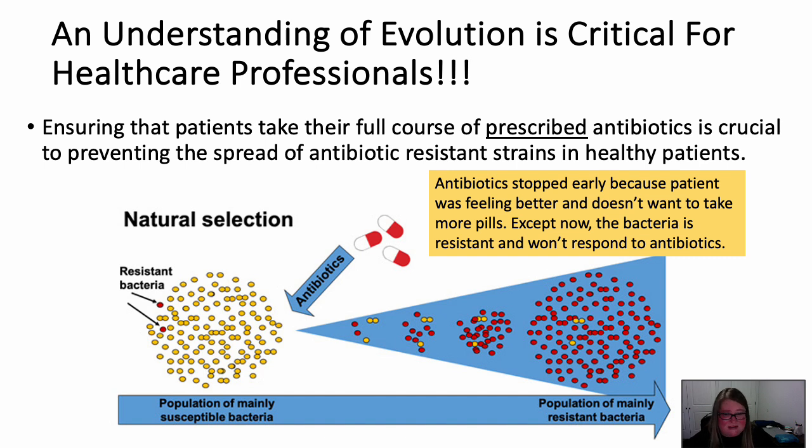The infection's back, the symptoms are back, the patient's not feeling good, except now they go to get antibiotics and the antibiotics aren't going to work because this bacteria has now been selected for, so it's now resistant to that antibiotic. Okay, and we're going to have a hard time getting this infection treated.